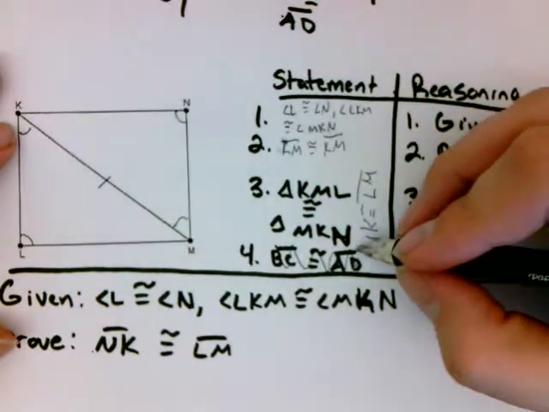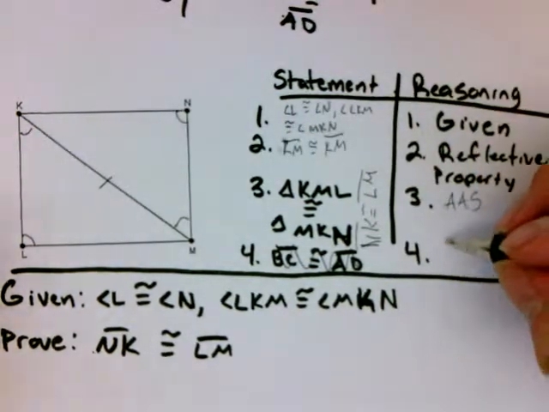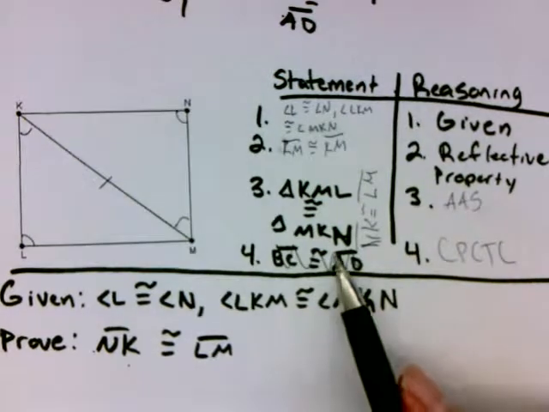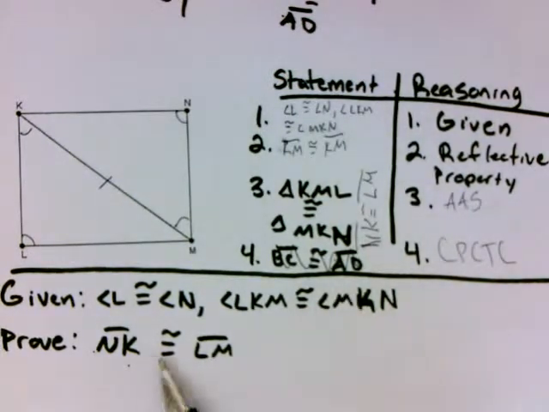The reason is because of CP/CTC. My bad. So replace this with this, just scratch it out, rewrite in NK congruent to LM in this place, and you should have it done. But that's how you do CP/CTC.